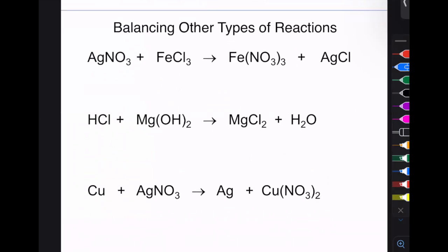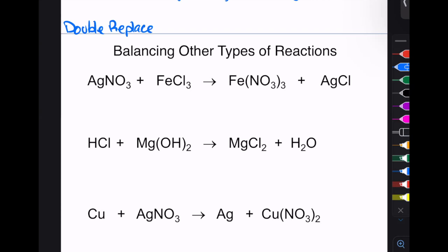And before we start handling these, let me use this opportunity to tell you a couple of other categories of reactions. The general setup for a double replacement reaction is where you have a compound, we'll call it AB plus CD, and everything recombines. You see all the partners switch.